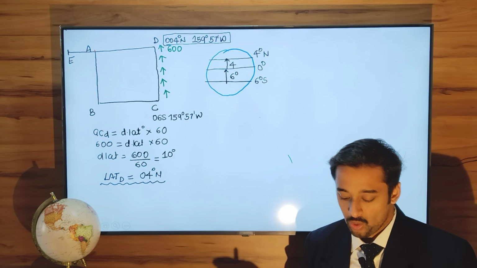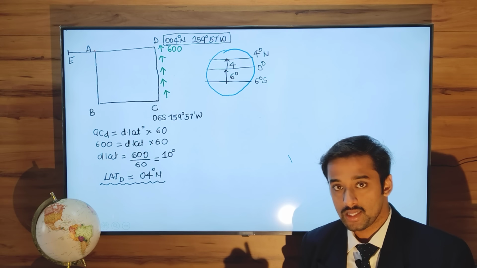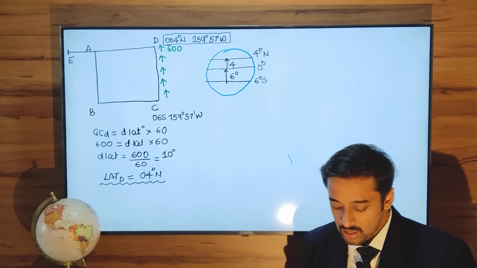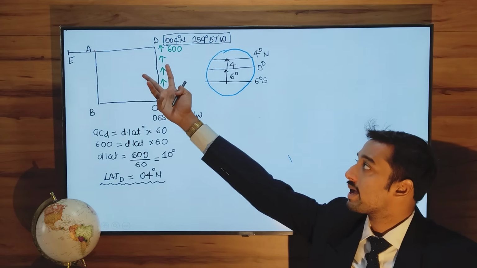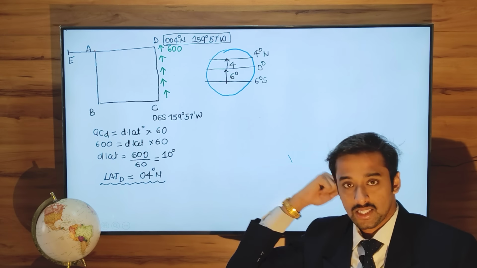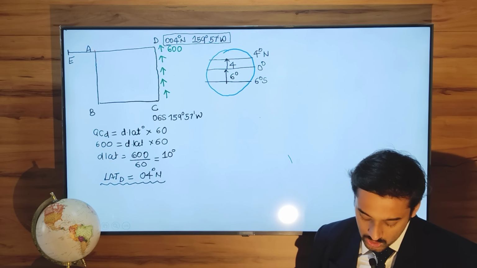Again, when we go towards 4 degrees north, the meridians will start converging. So that's why the d long here will be equal to AD long, but the distance may be equal to that, or more than that, or less than that. So let's check.